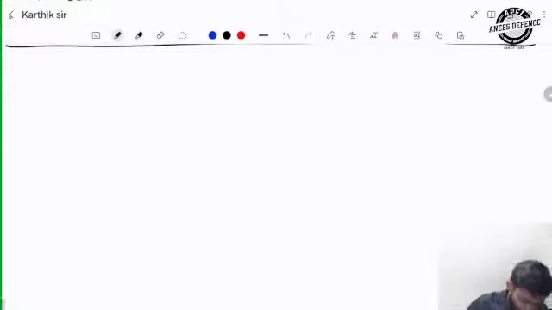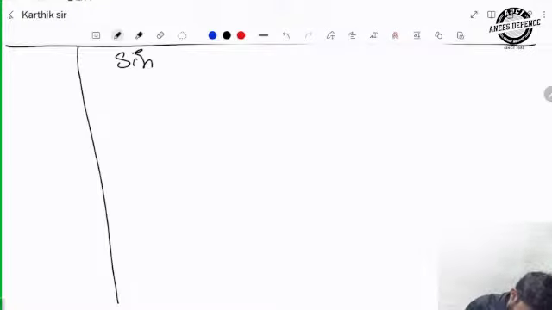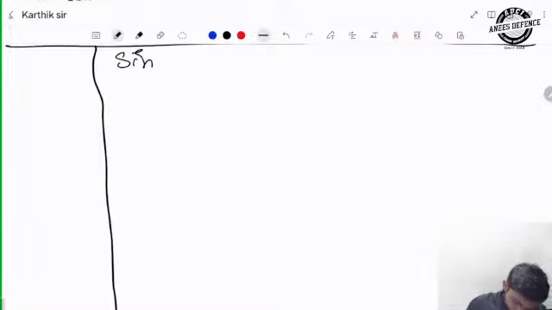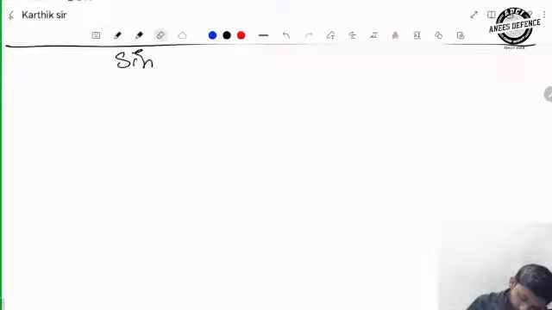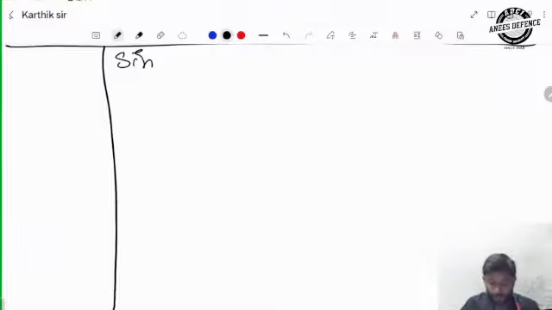While making the table, you have to remember one thing, that the sequence shouldn't be changed. Whenever you change the sequence, the answer will change.